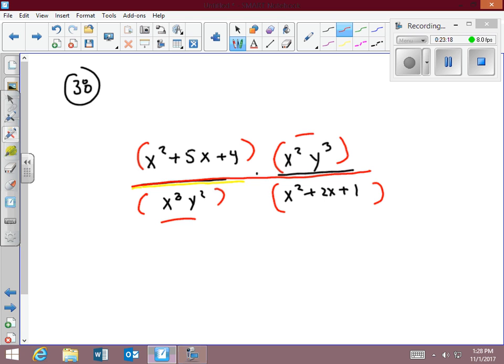Now, look at this x squared plus 5x plus 4. It's a trinomial, descending order, leading term positive. Want to have it that way. It's not a special case, although the first term is squared and the last term is squared, 2 squared. The middle term would have to be 4 for it to be a special case. Then it could be x plus 2 quantity squared.